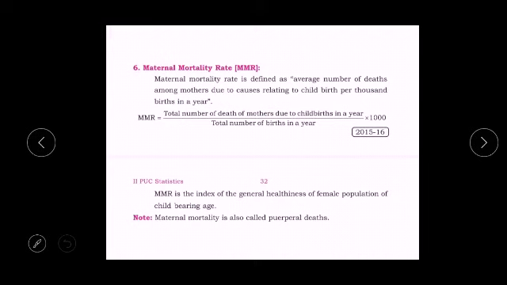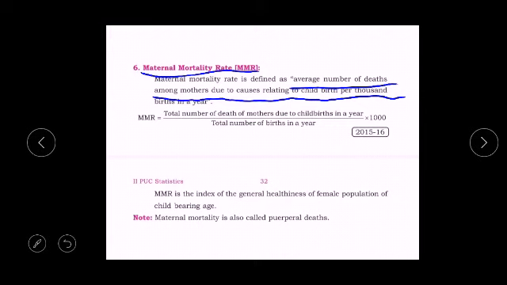If a mother dies due to childbirth causes, that is referred to as maternal mortality rate, MMR. And the definition is the average number of deaths among mothers due to causes relating to childbirth per 1,000 births in a year. So here per 1,000 births, they do not mention live births, but per 1,000 births.